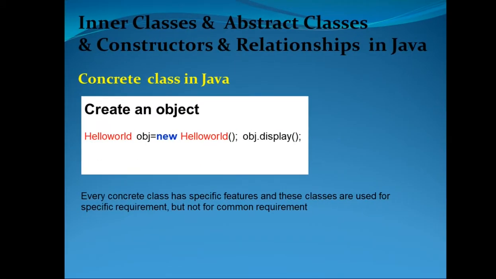Here we can create the object of the HelloWorld class and with the object.display method we can display the method from the previous slide. Every concrete class has a specific feature and these classes are used for specific requirements but not for common requirements.